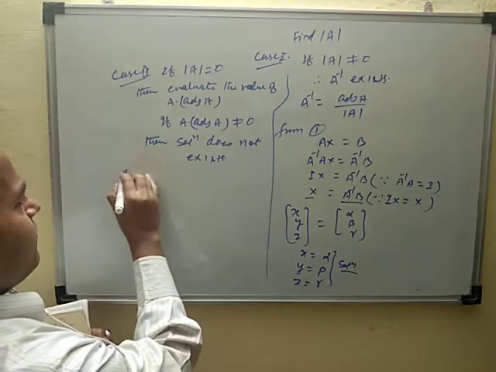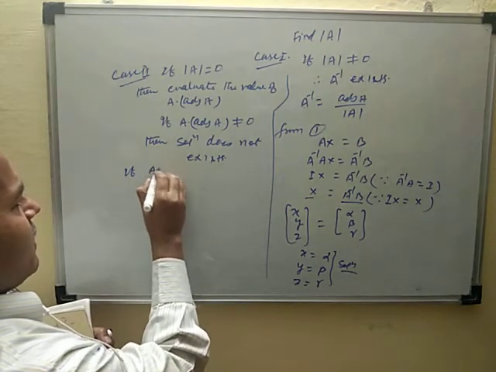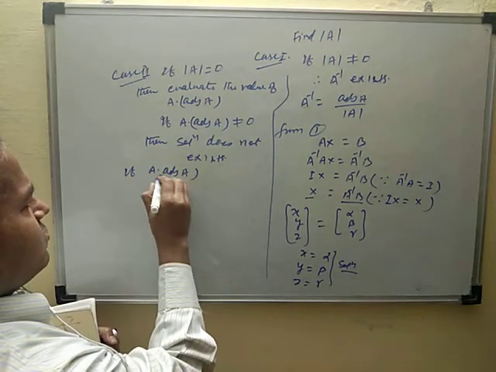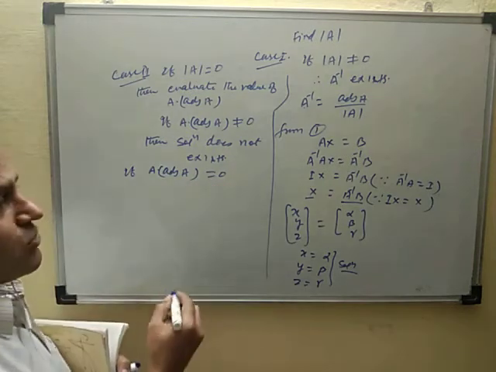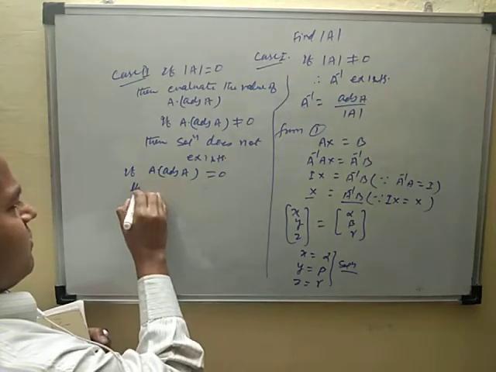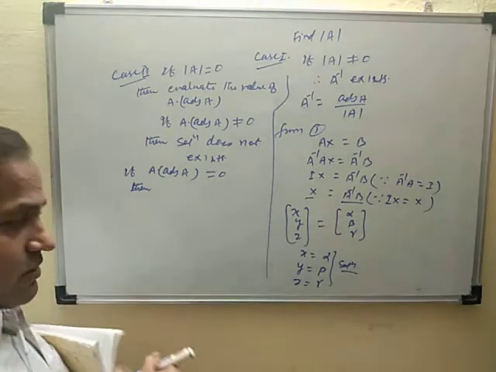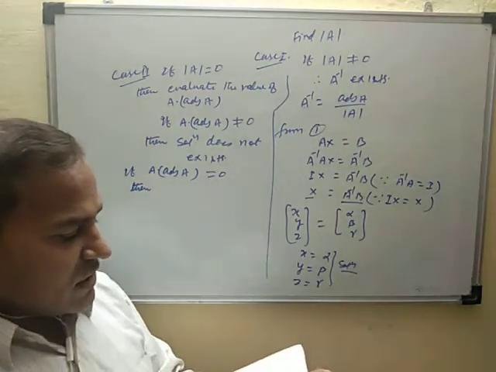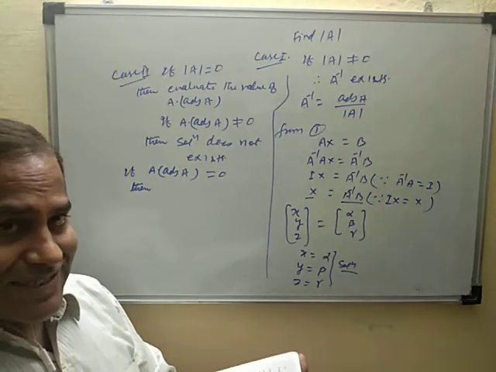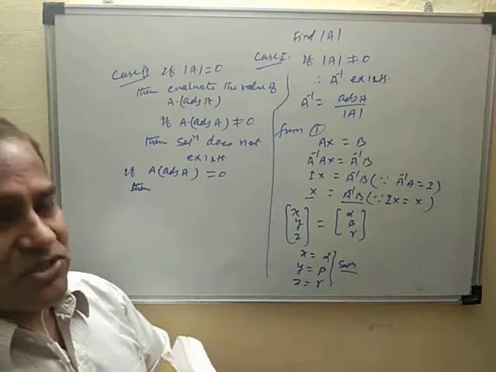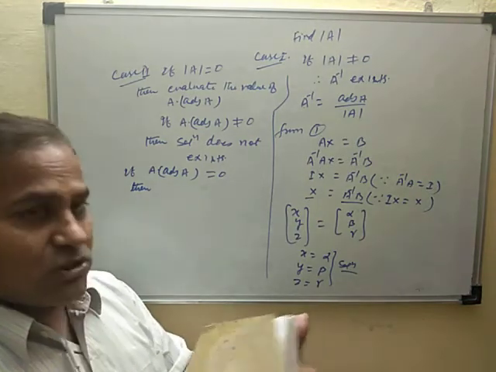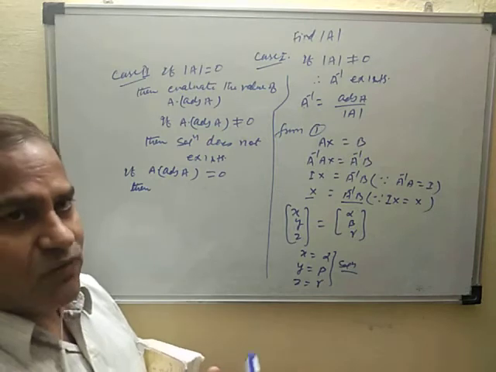And if A into adjoint of A is equal to 0, then solution is either consistent or inconsistent. That is, solution is unique or infinite.